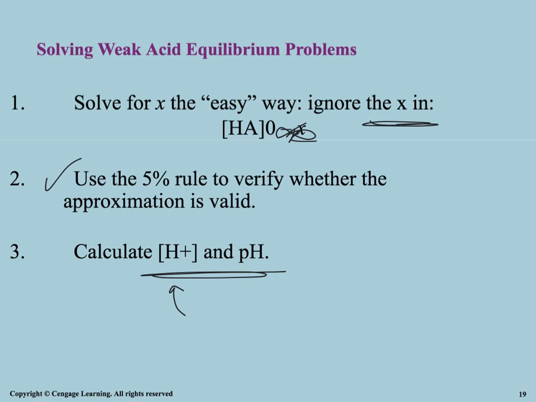What do these little brackets mean? So concentration of ions, or the question could ask for this one, which is a number pH, which is 0 through 14.